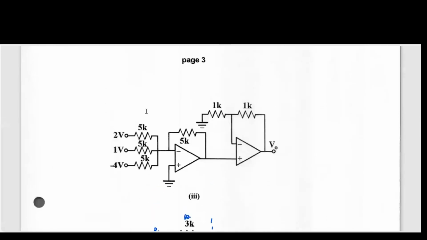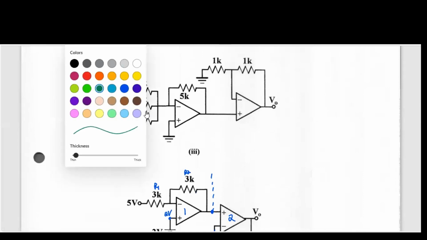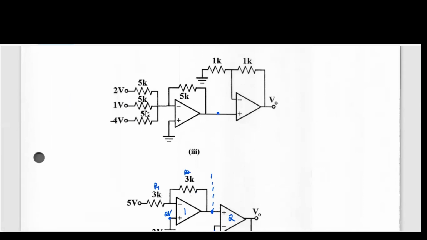Now we have this one, which is cascaded, so you have to be careful. As I said, put a dot in the middle to separate it, so I know it's two separate ones: this is 1 and this is 2. 1 is a summing amplifier. For a summing amplifier, the equation is minus R2 on R1 times V1 plus V2 plus V3, where all these here are R1, and there's R2.